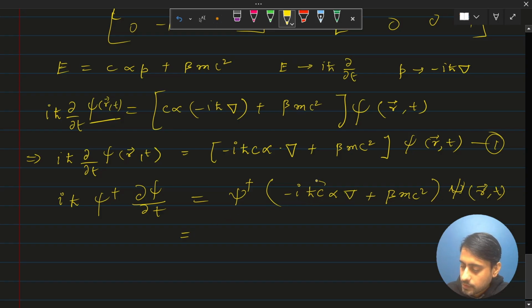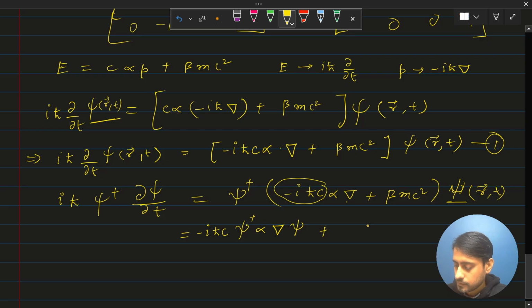Taking the constants, I will write it as minus iota h bar c, then psi dagger alpha del, this nabla operator will act on psi, plus psi dagger beta, then beta mc square is a constant, so we can write it also after that.